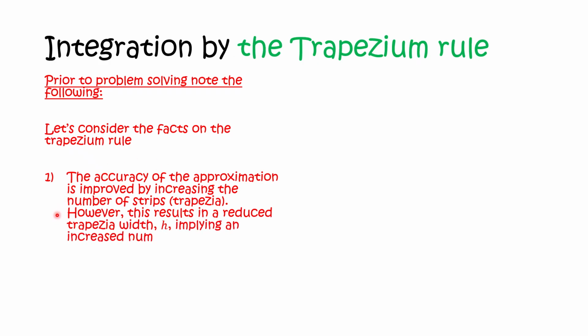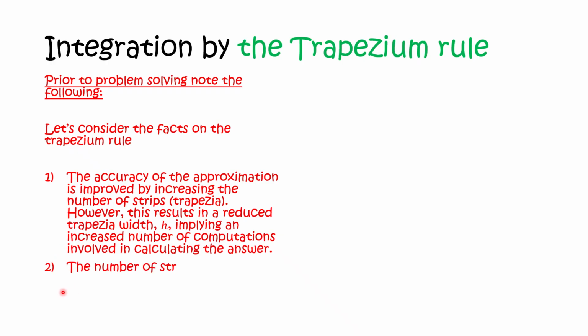However, this results in a reduced trapezia width, h, implying that we are going to have an increased number of computations involved in calculating the answer. So we have to decide whether we are going to improve the accuracy or just find a balance that will give us a moderately accurate approximation with less computations.